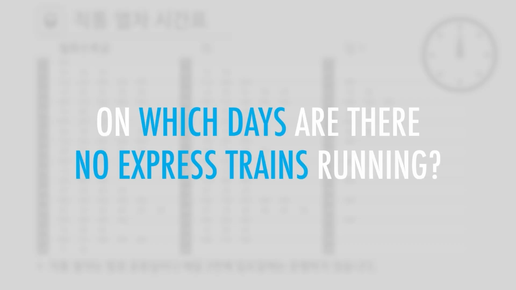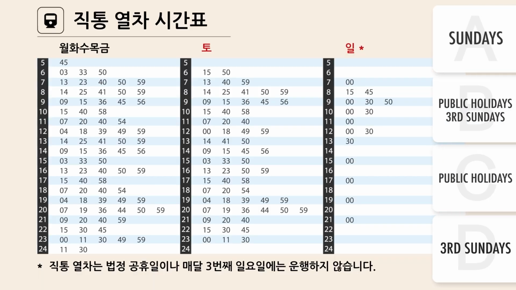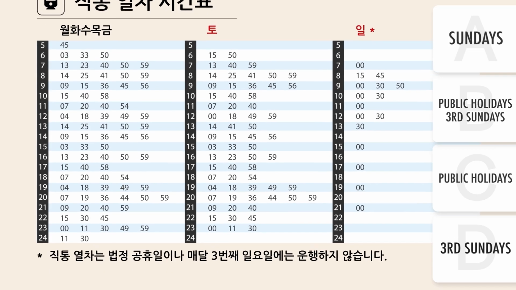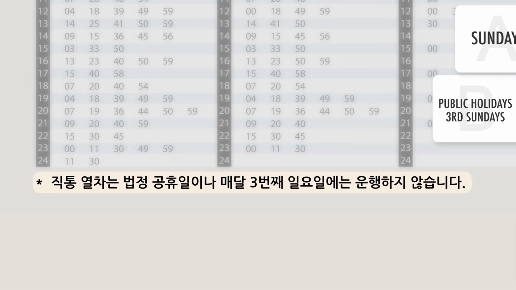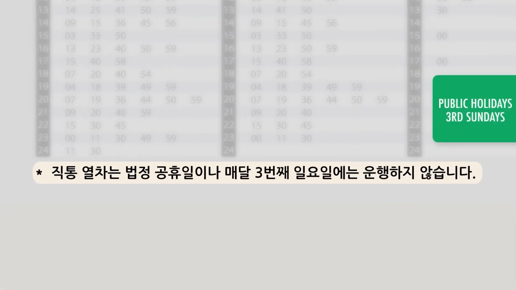On which days are there no express trains running? There are no express trains running on public holidays and the third Sunday of every month. 법정 공휴일, 매달 세 번째 일요일.